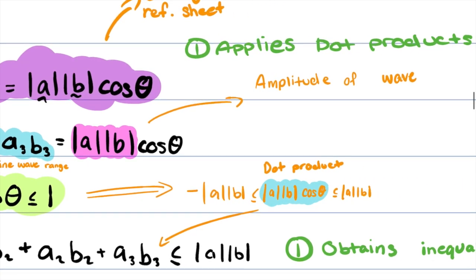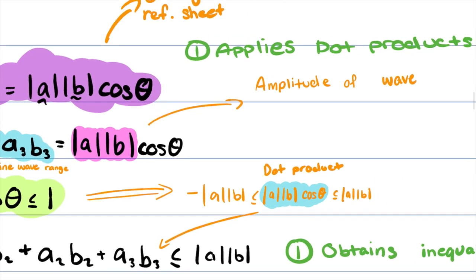Therefore, for this particular cosine wave, we know that our amplitude will be between the negative of our two magnitudes and the positive of our two magnitudes, with our dot product expression in the middle.